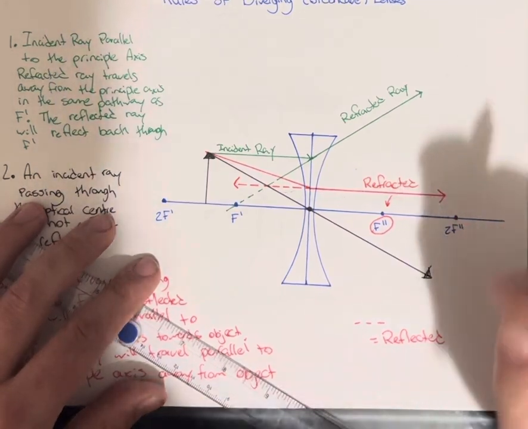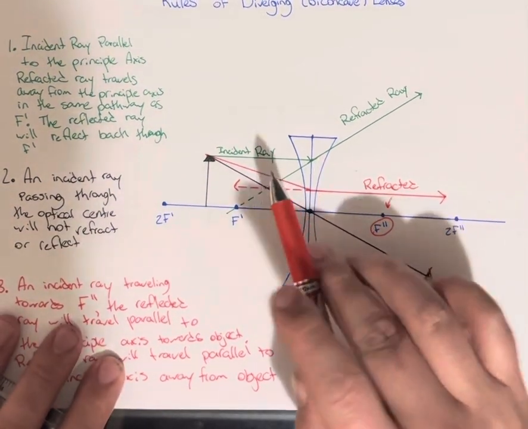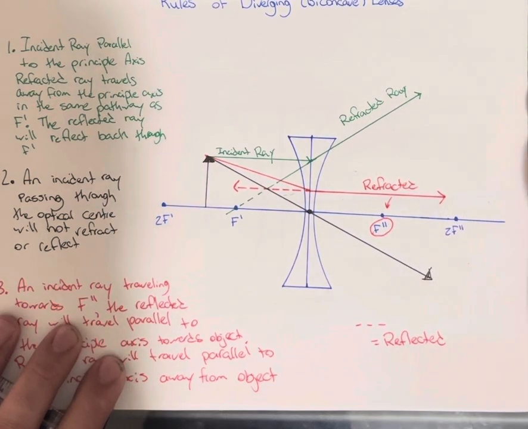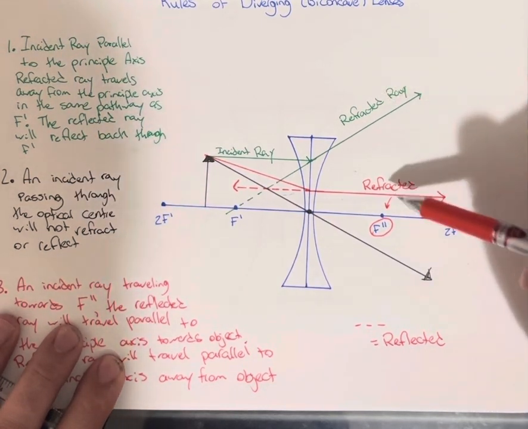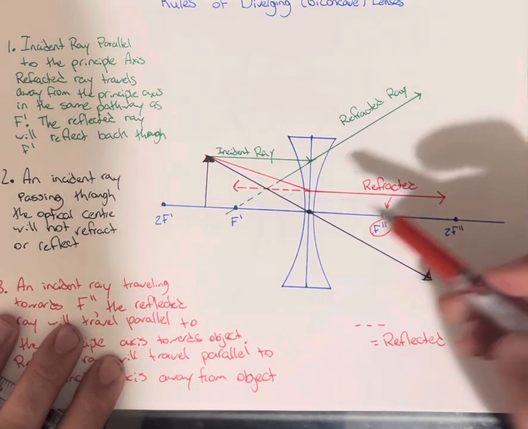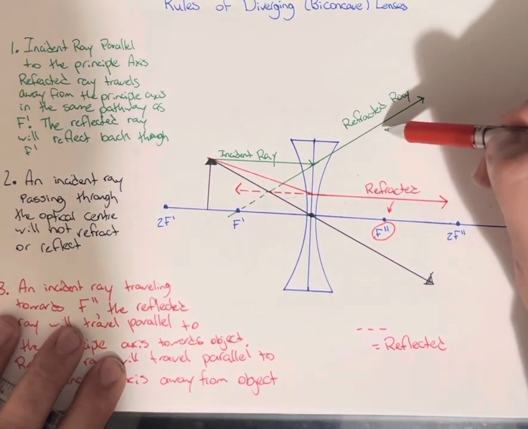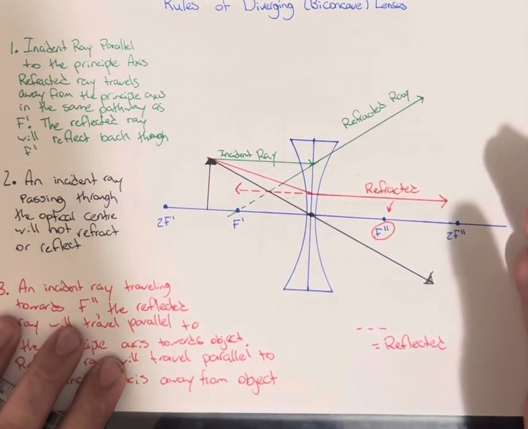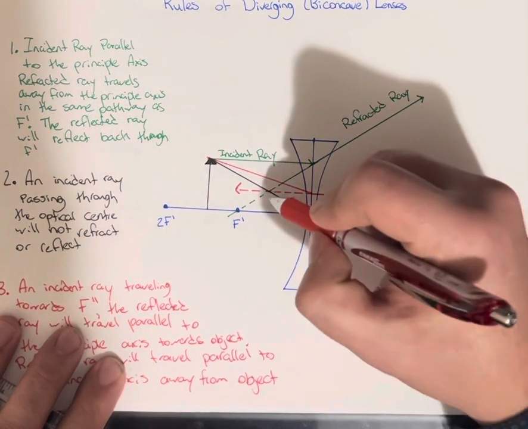Now we do notice that if we were to look at this scenario here, on the real side of that individual lens, these rays are never going to cross over or intersect with one another. They are diverting away from one another. So it's going to be impossible to form an image on this side of the lens. Where we are going to see rays converging is right over here.